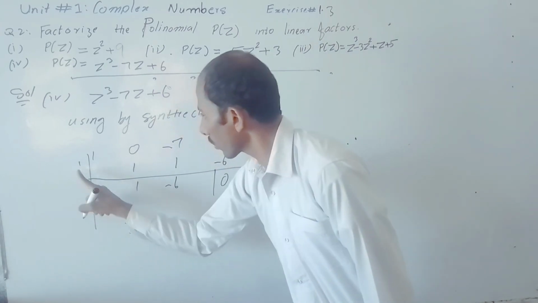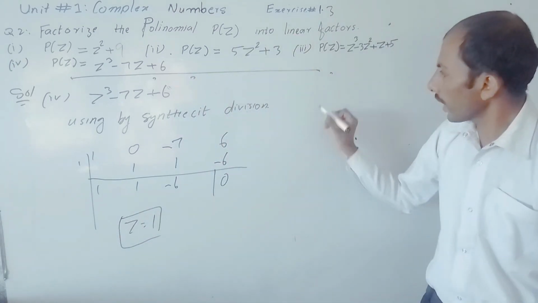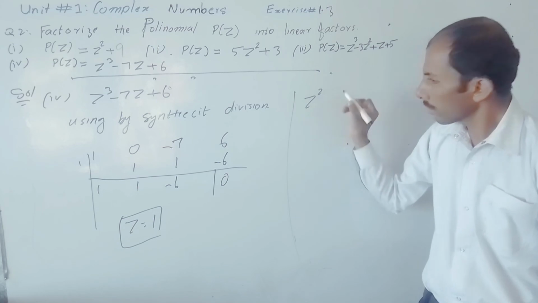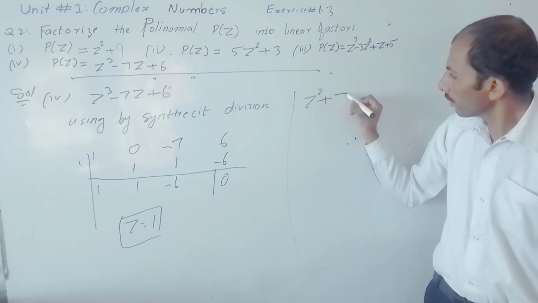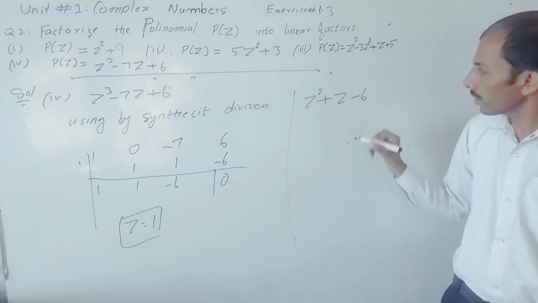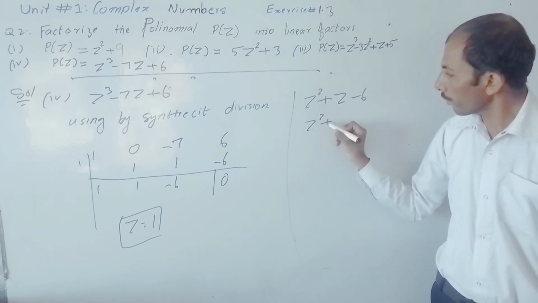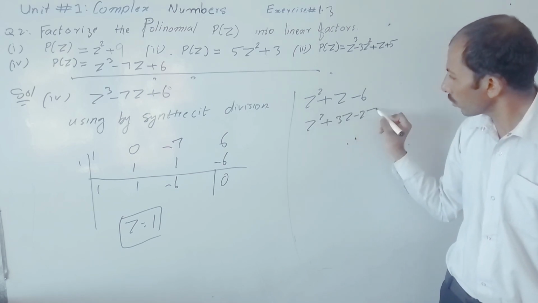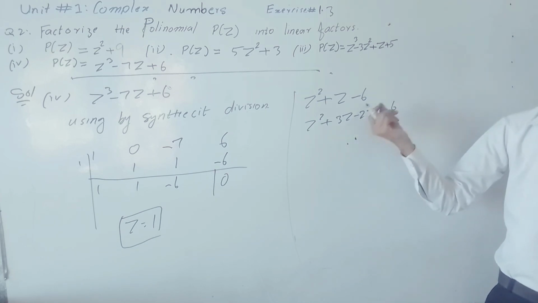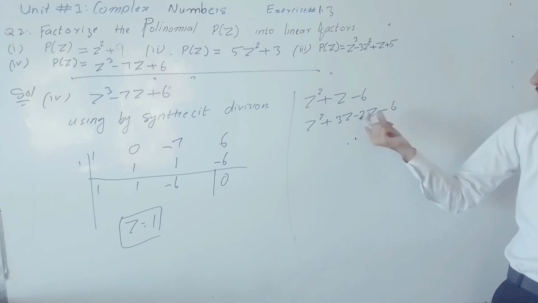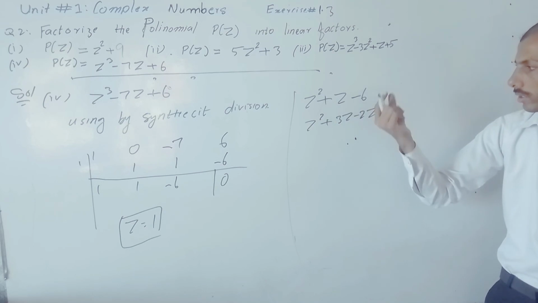z is equal to plus 1, is the root, and second z square plus z minus 6. So next, z square plus 3z minus 2z minus 6 is the factorization of z square plus z minus 6, because 3z minus 2z is equal to z.